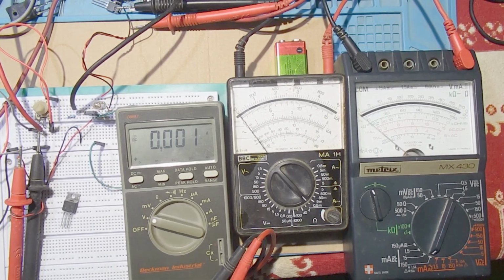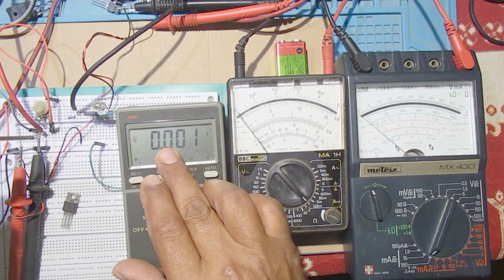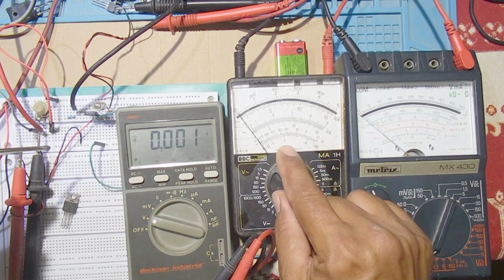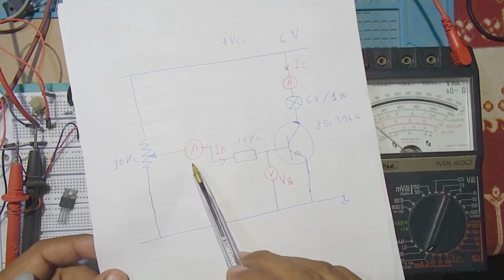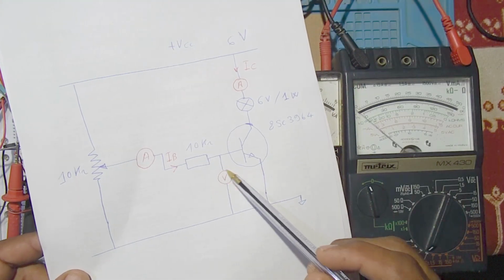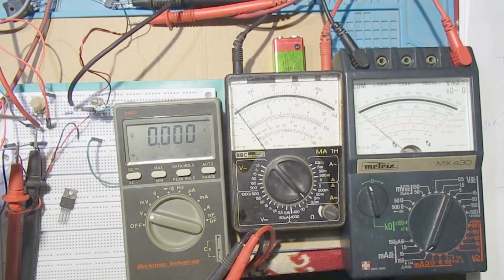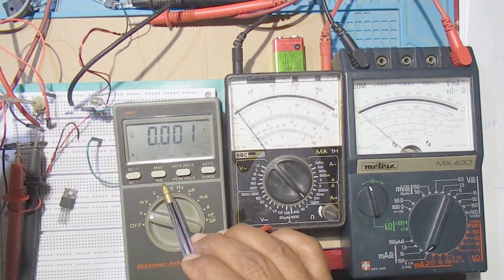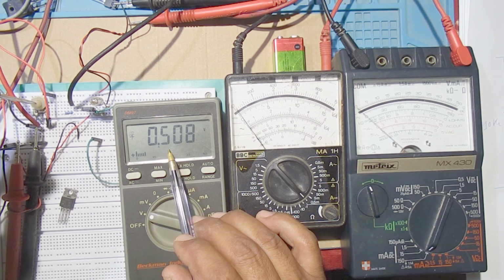Now I will increase this trimmer slowly, and we will see the base voltage, here the base current, and here the collector current. The transistor will conduct if the voltage VBE reaches almost 0.6 volt. Now I will increase the voltage. Here we have 0.4 volt, 0.5 volt.